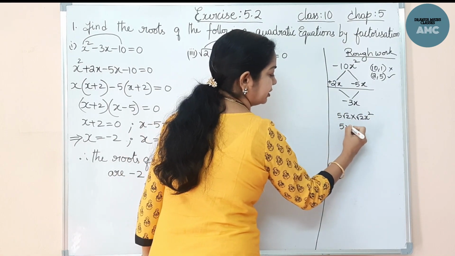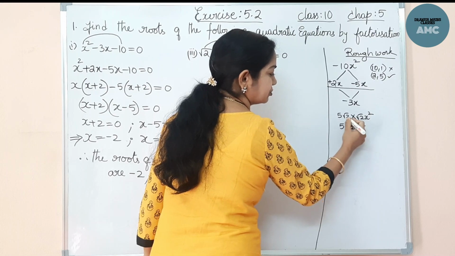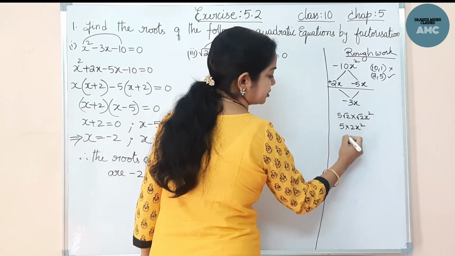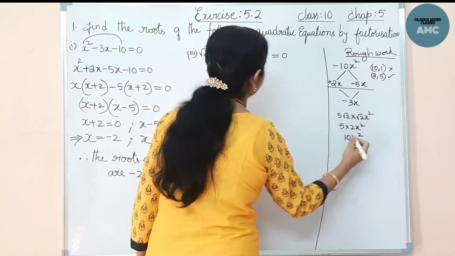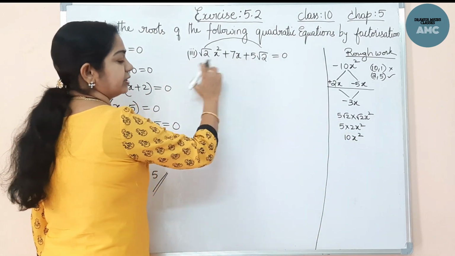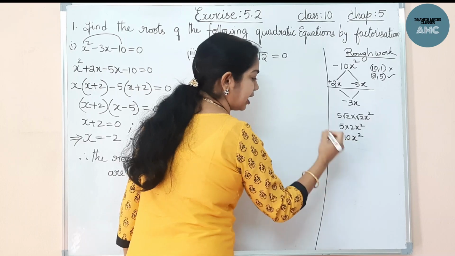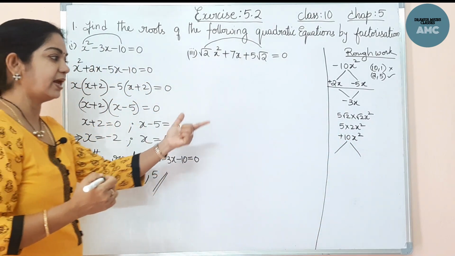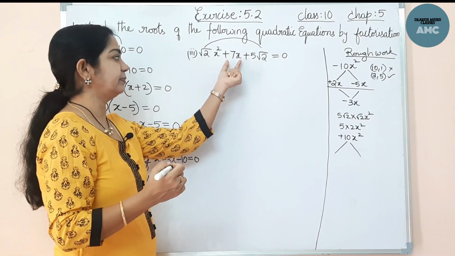So 5 into 2 is 10x square, right? There is no negative sign. This is plus 10x. Now we will split this 10x square such that the product should be 10x square and the addition should be 7x.